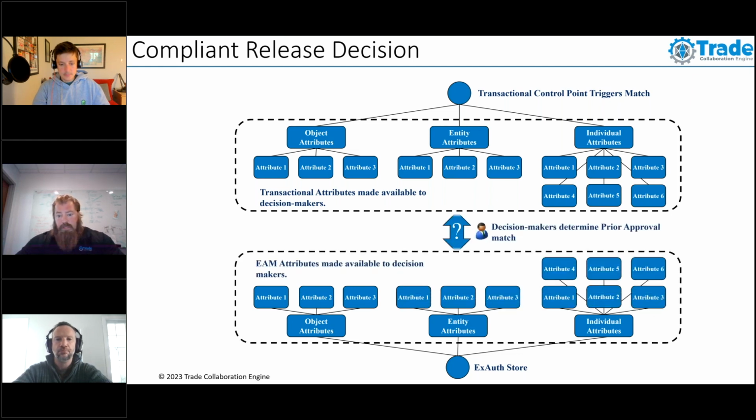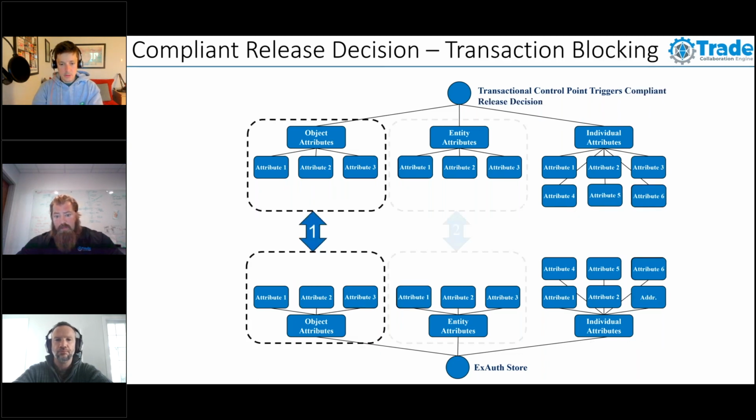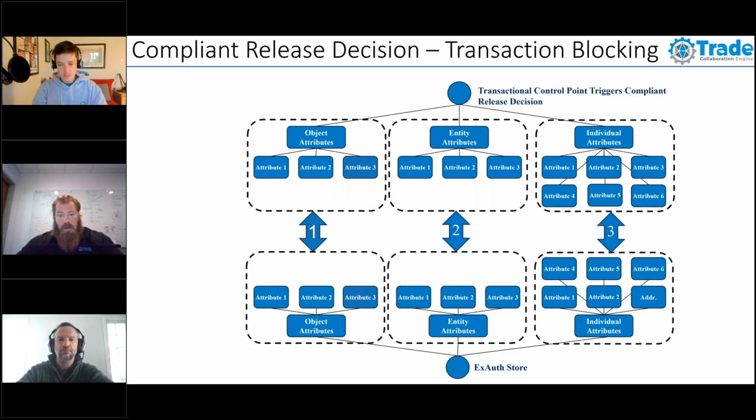And traditionally, there's been someone out here saying, okay, is there a match? Is this authorized, right? And that's traditionally how trade compliance is done within an organization. It's a three-way match, right? If anything is off in any one of the attributes, that transaction has to be blocked, right? It has to be blocked, or if we're missing certain attributes, it has to be blocked, right? Certain information we don't know, we can't make a decision without it.